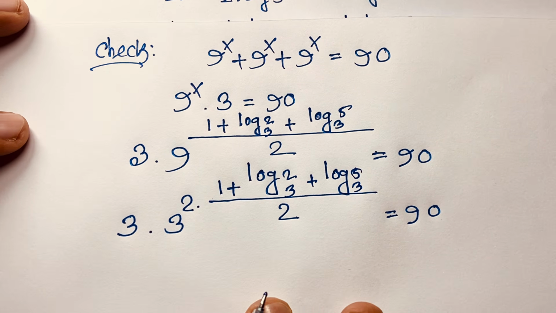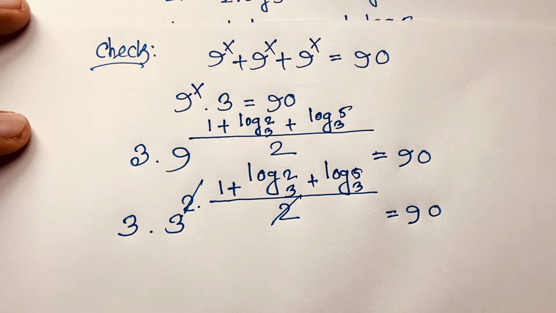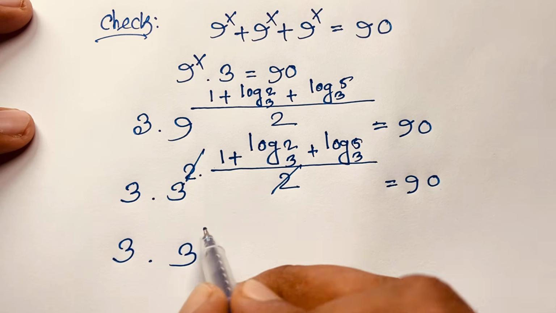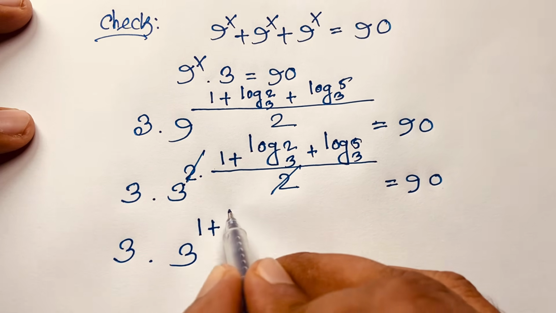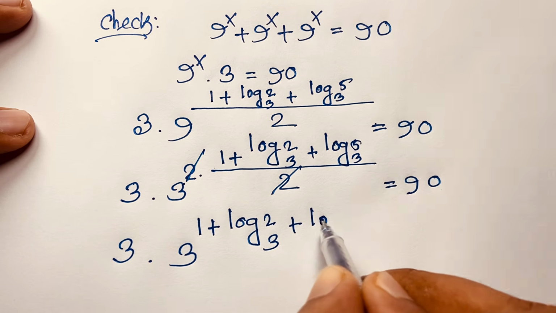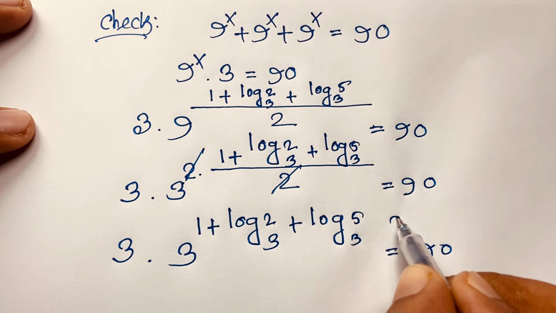It is a nice math problem. Then the 2 cancels. We'll find it will be 3 times 3 to the power (1 plus log 2 base 3 plus log 5 base 3) is equal to 90.